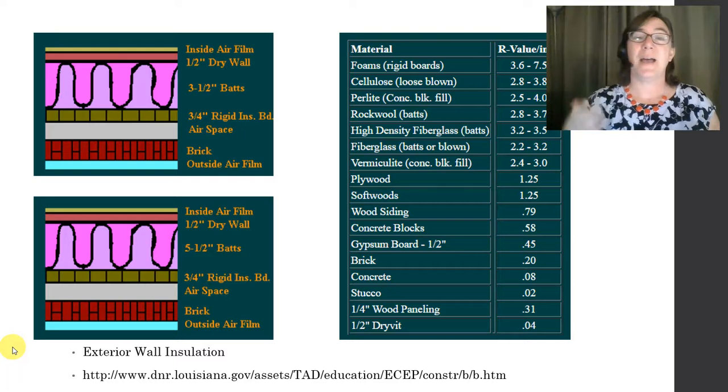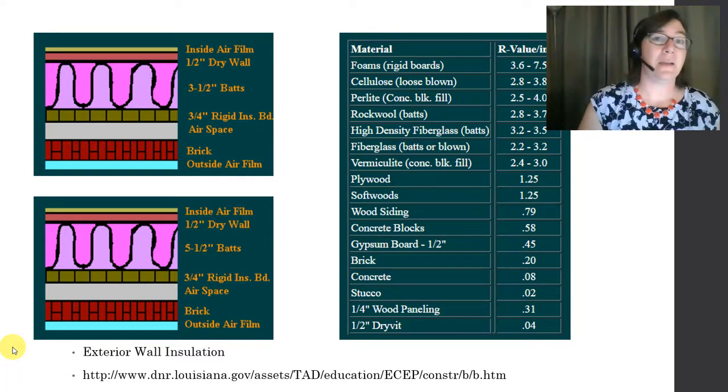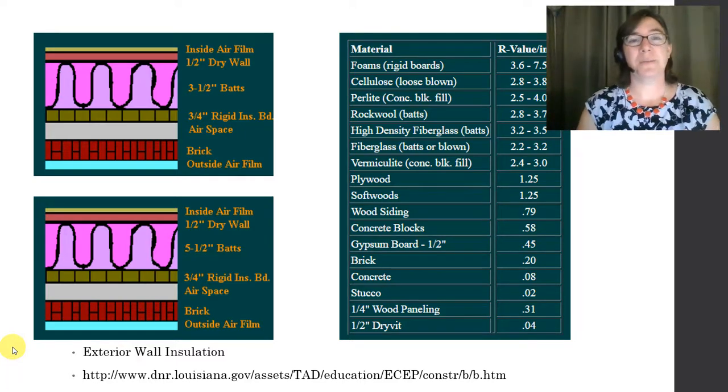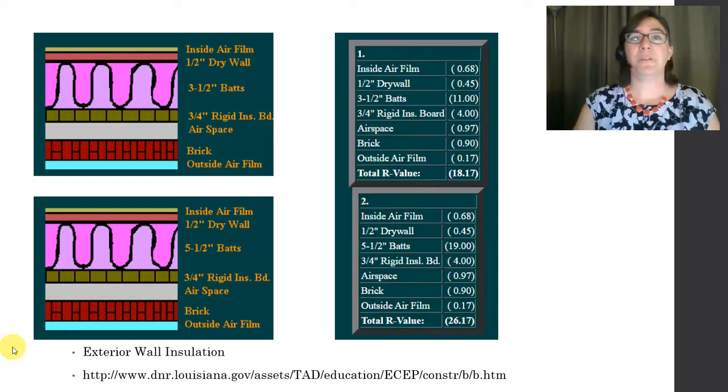All right, time's up. Let's see if you got the same answers as these examples. First of all, example 1: we have these values for our different materials: inside air film, drywall, batt insulation, rigid insulation board, airspace, brick, outside air film, and the total R value is just over 18.